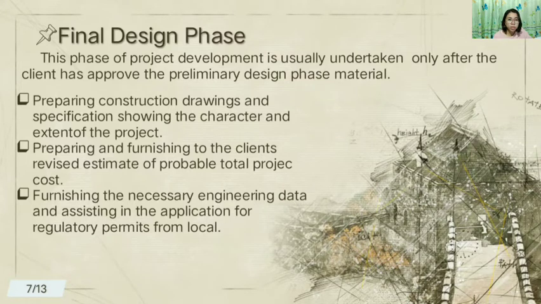It also includes the obtaining of permits for the project and assisting with the contracts. Providing status reports, which were also mentioned in the preliminary phase. So these are still included in the final design phase.